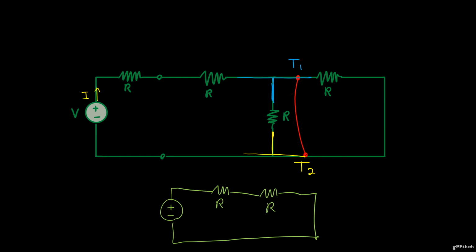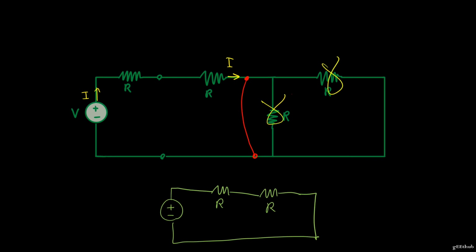So I can move my short without changing my terminals. So I could literally say that that short is just equivalent to this short over here. So now it's much easier to see why, when current reaches this point, it is going to completely ignore these two paths and go through our short.